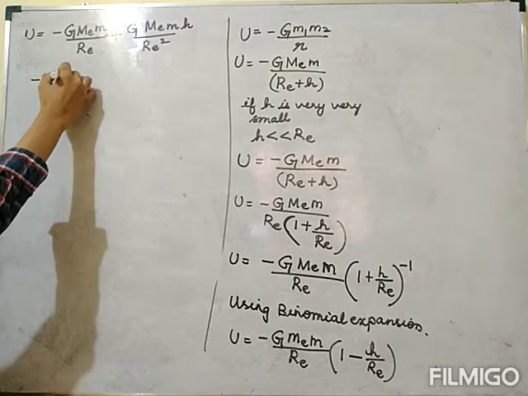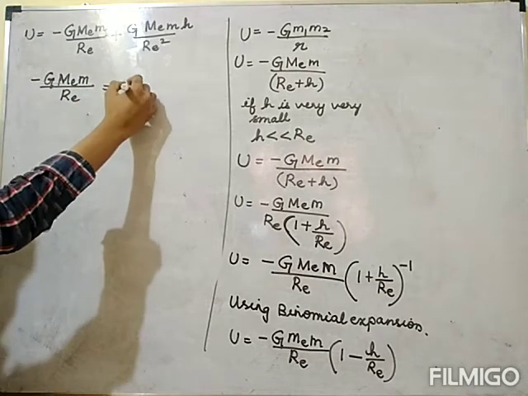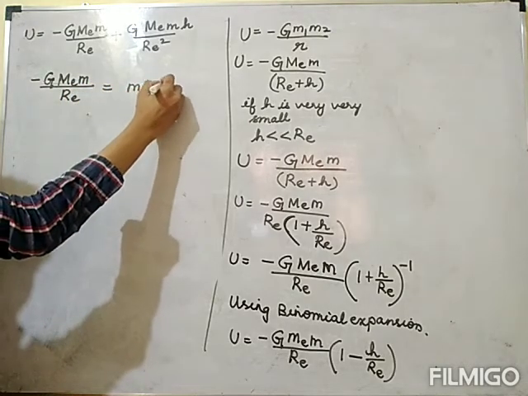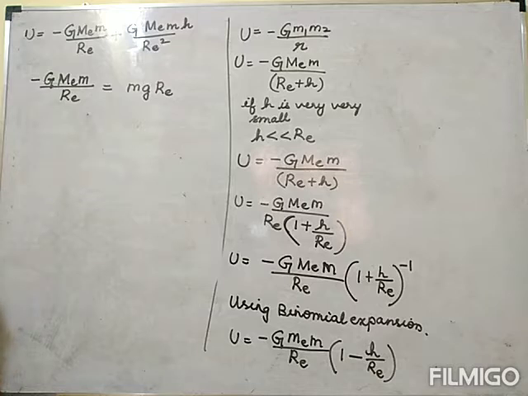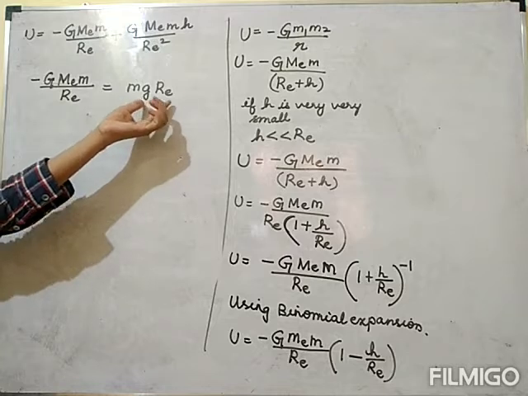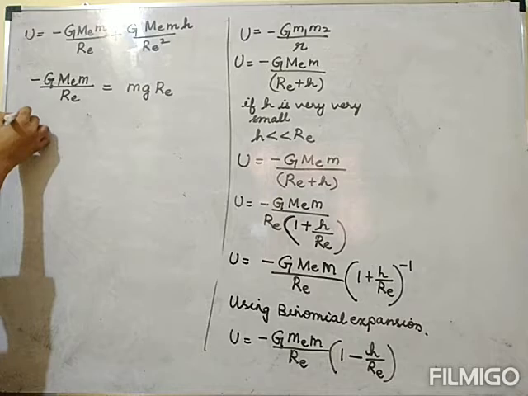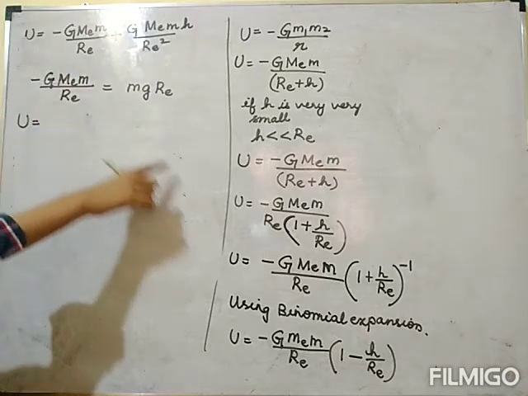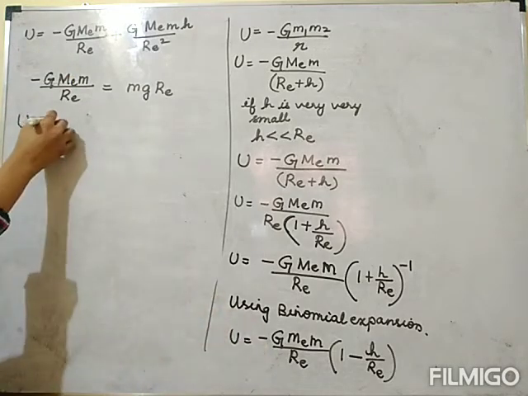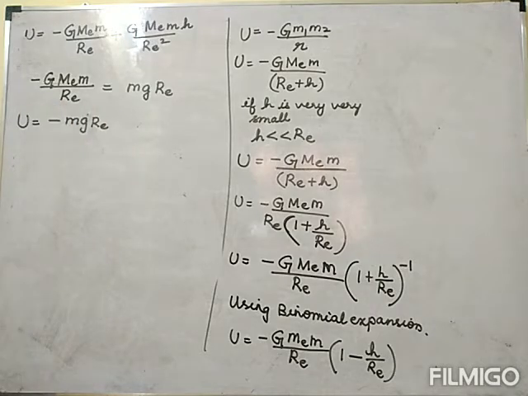I am going to write it as mg into Re, because g is the acceleration due to gravity on the earth. Okay, so this I am going to write it like this. So what I will get? U is equal to minus mg Re minus mg Re. Yes or no?